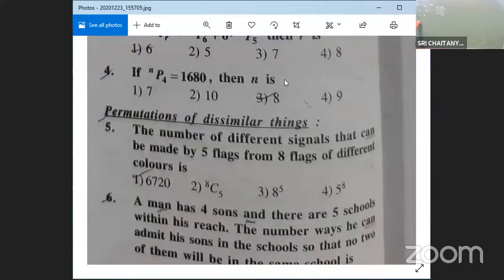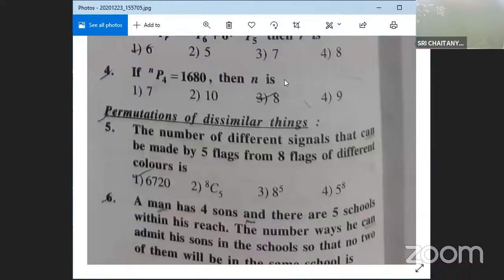Okay, next problem, fifth one. Observe that fifth problem on the screen. The number of different signals that can be made from 5 flags, made by 5 flags from 8 flags.